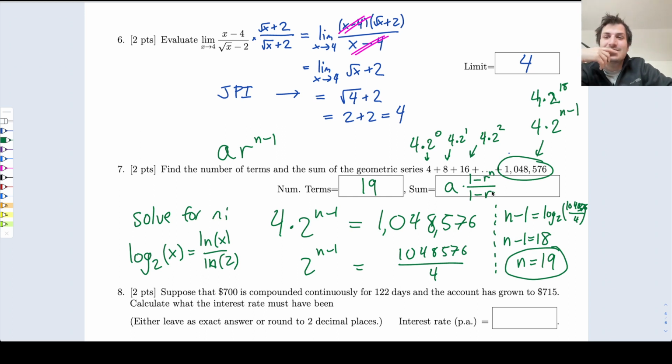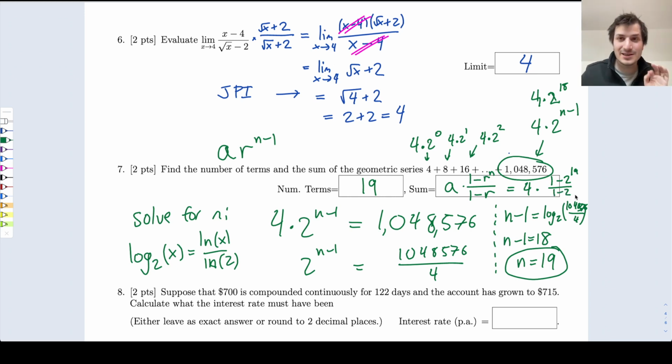I'm trying to think if it's an r to the n plus 1 on the top, or is it an r to the n? I think it's an r to the n. Yeah, it's an r to the n. Okay, so in our case, this is 4 times 1 minus 2 to the power 19 divided by 1 minus 2. And you could leave it like that.